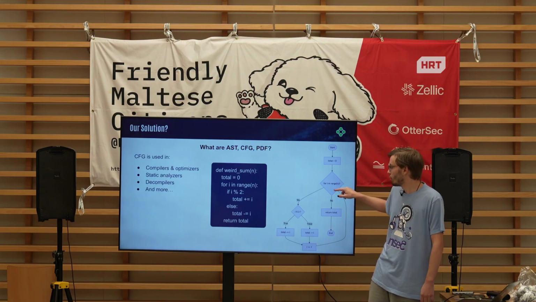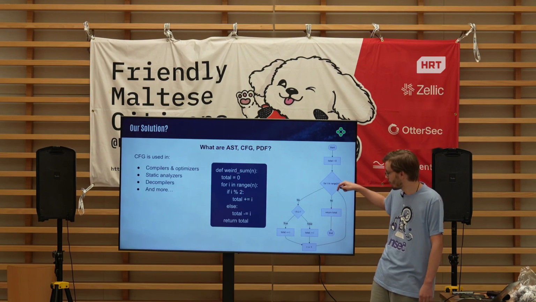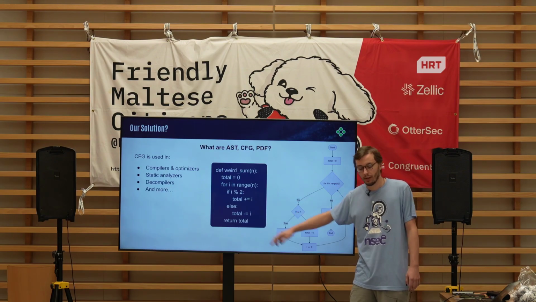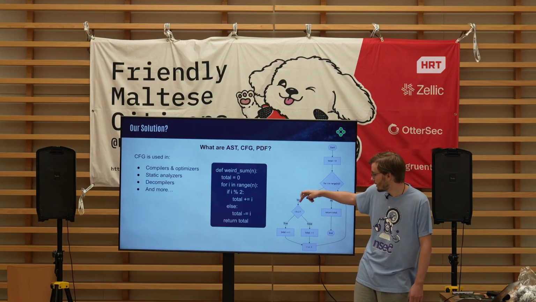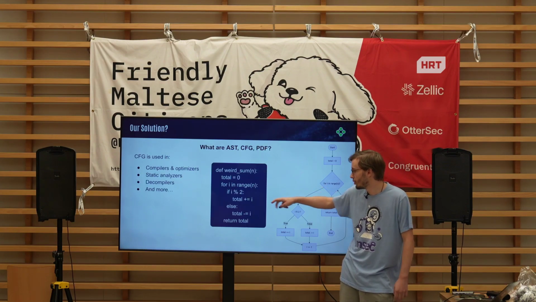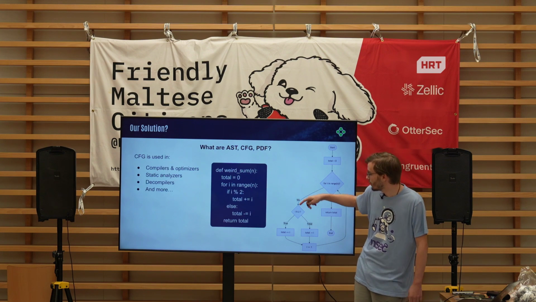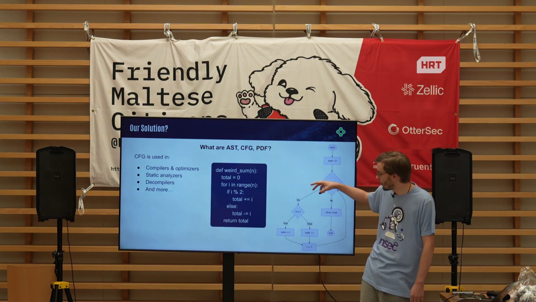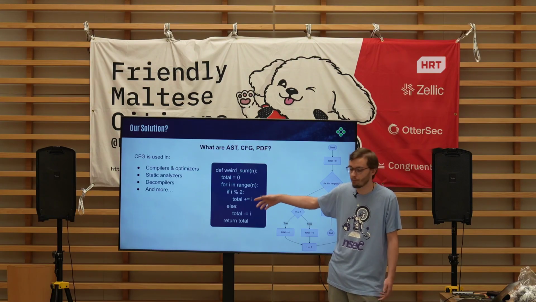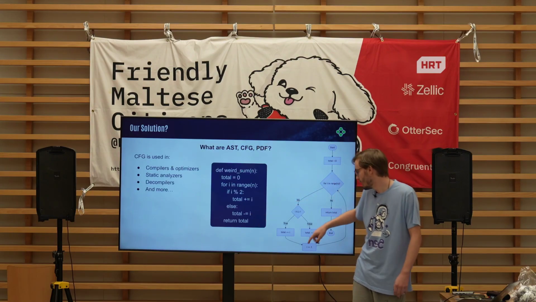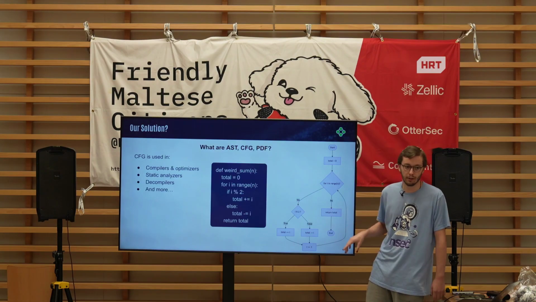If you are not in the loop, so if you're not in the range anymore, you take the no path, which is return total. And then you can go in and see, okay, if you do yes, what does it do? It does i modulo 2 here, and then it's an if condition. So there's two branches again, the true condition that goes in and the false condition that goes in the else. And so this is what it will look like.